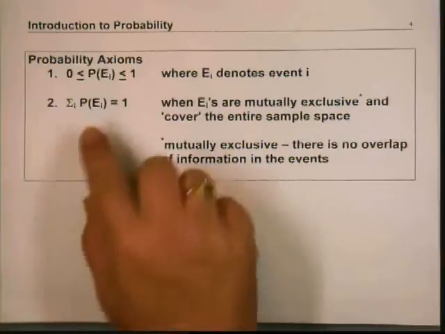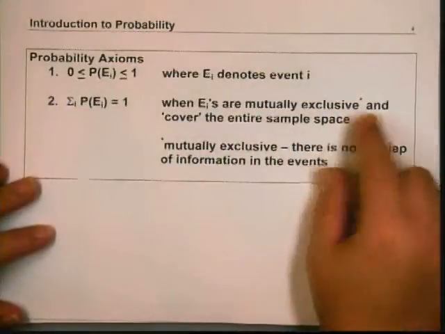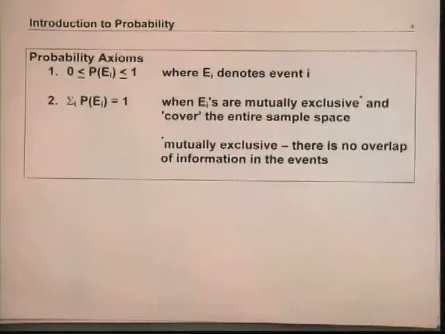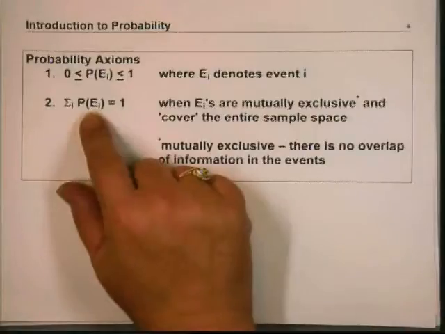When you sum up the probability of events, given that the events are mutually exclusive, which means there's no overlap in these events, and these events cover the entire sample space, those probabilities must add to 1, which is what we saw there.